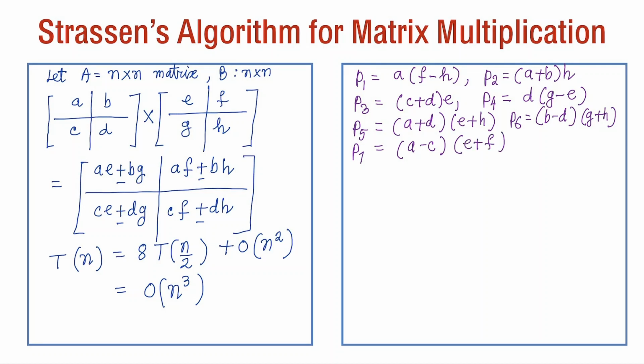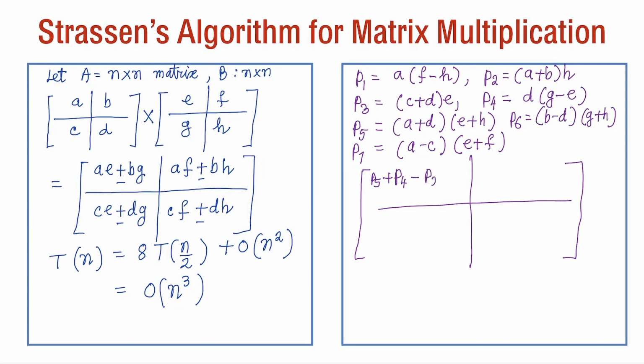That means we now created 7 partial multiplications which we want to reuse to compute our final result. And by a simple trick of manipulation of these numbers, Strassen very intelligently showed that the first term is P5 plus P4 minus P2 plus P6.